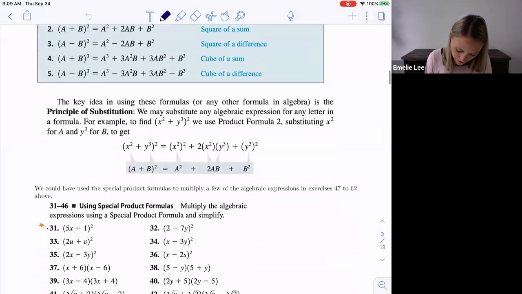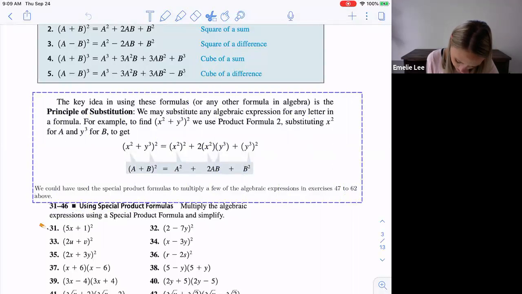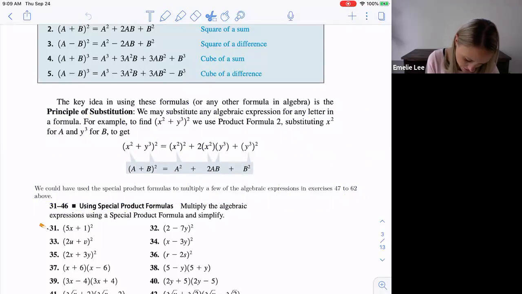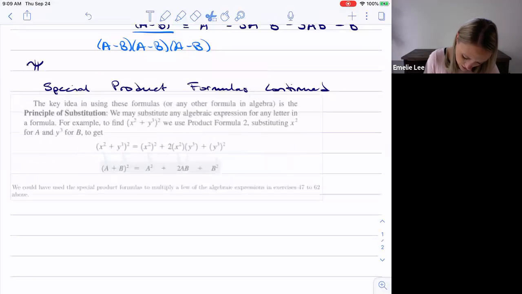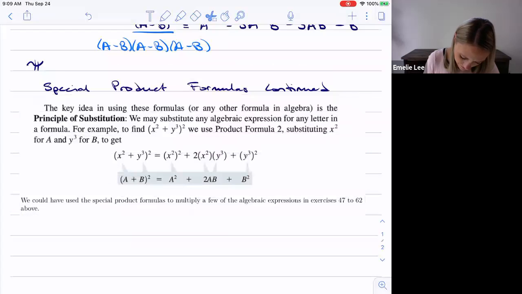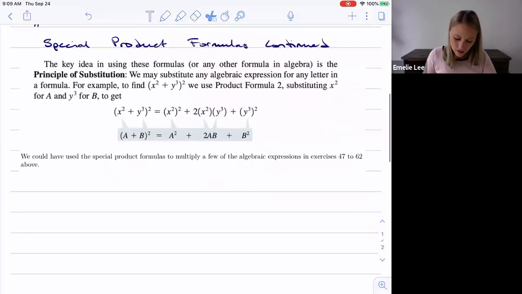Okay. So let's bring this whole kit and caboodle into our notes so we can write about them. All right.